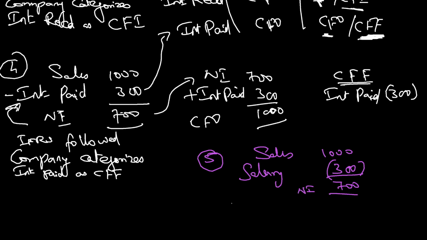Imagine in the balance sheet what you are finding is opening outstanding salary is 500, and closing outstanding salary is, let's say, 600.